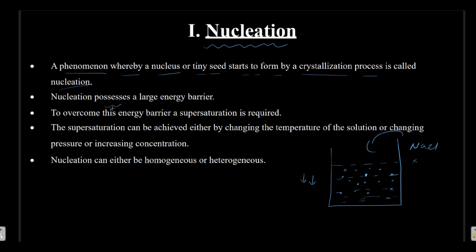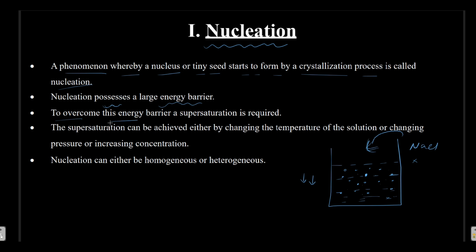Now nucleation possesses a large energy barrier. So to form a nucleus, a large energy barrier has to be overcome. That means it takes a lot of energy or effort to make the nucleus, or to initiate a nucleation process.